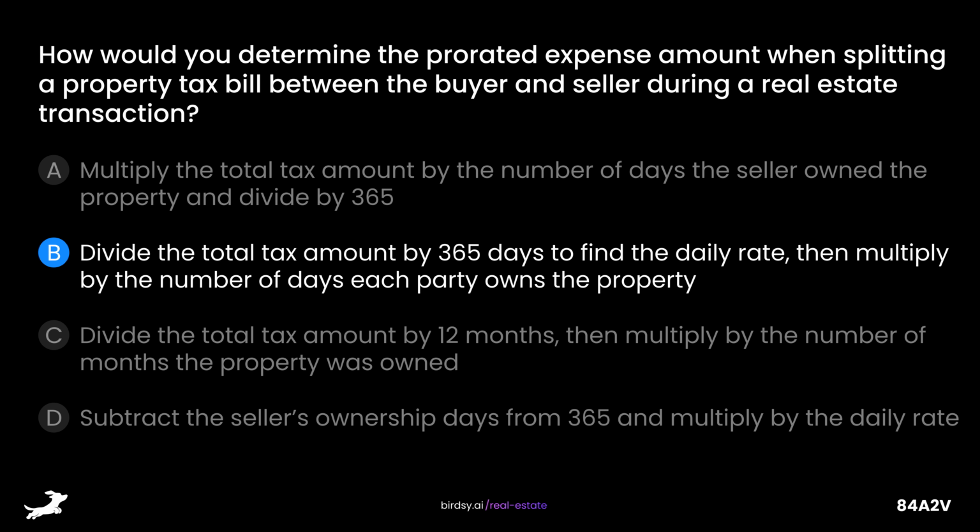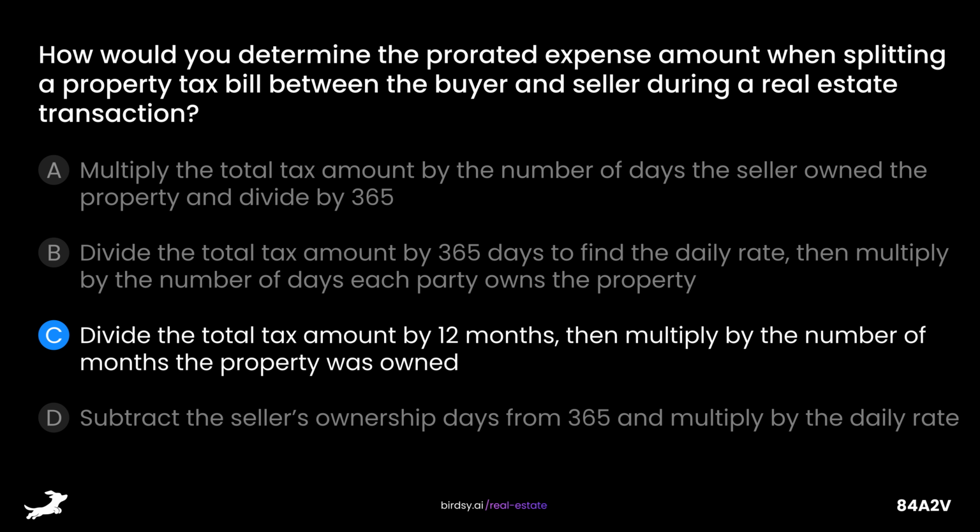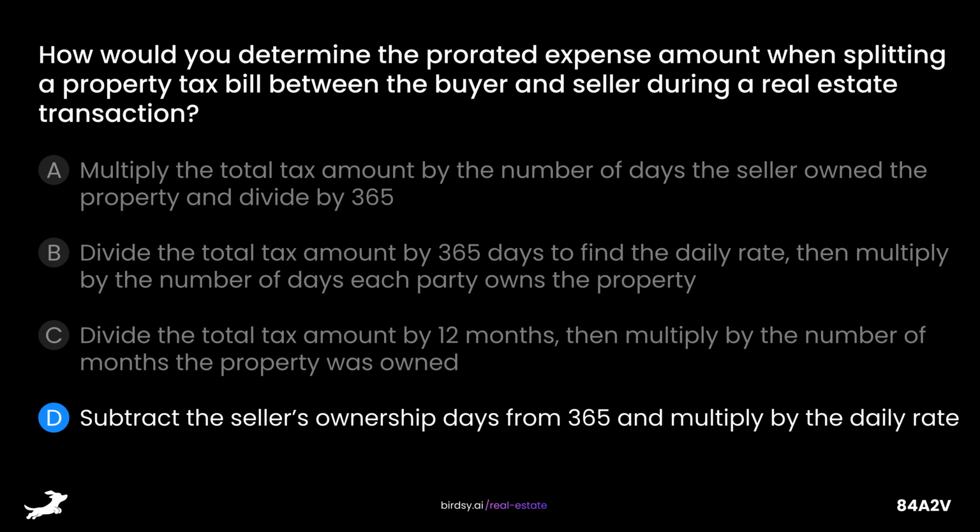B, divide the total tax amount by 365 days to find the daily rate, then multiply by the number of days each party owns the property? C, divide the total tax amount by 12 months, then multiply by the number of months the property was owned? Or D, subtract the seller's ownership days from 365 and multiply by the daily rate?